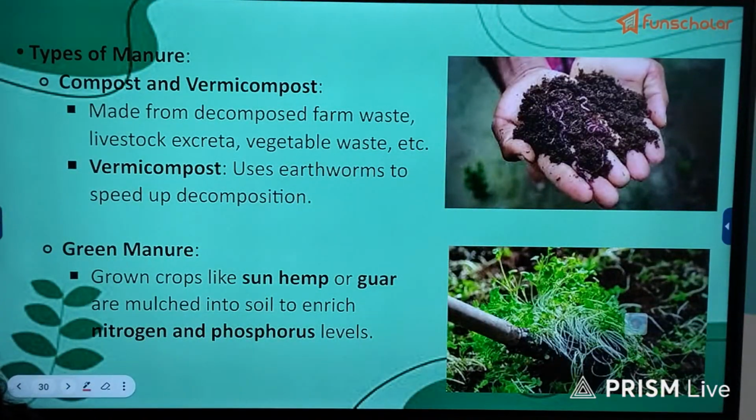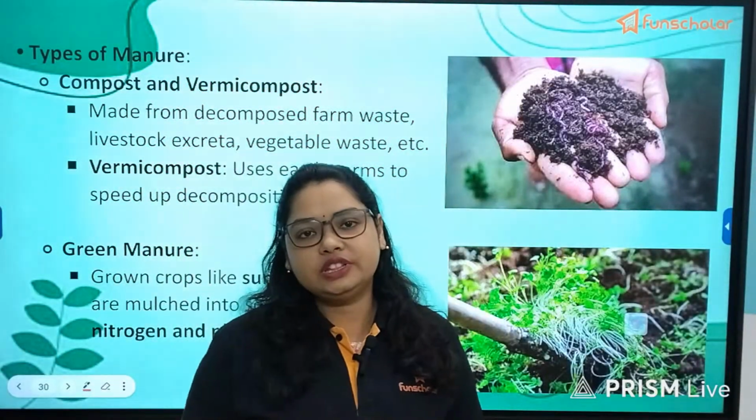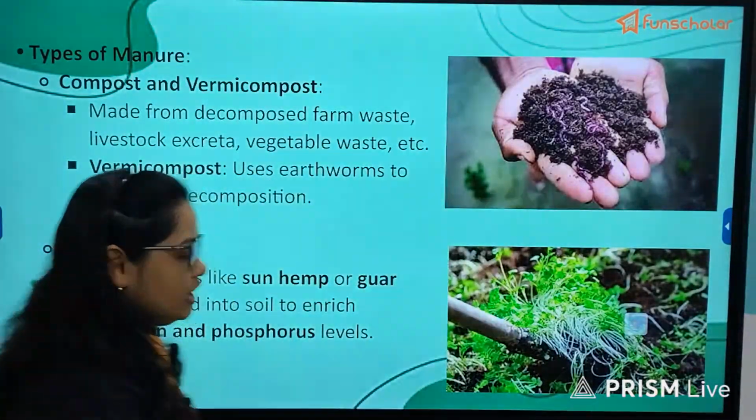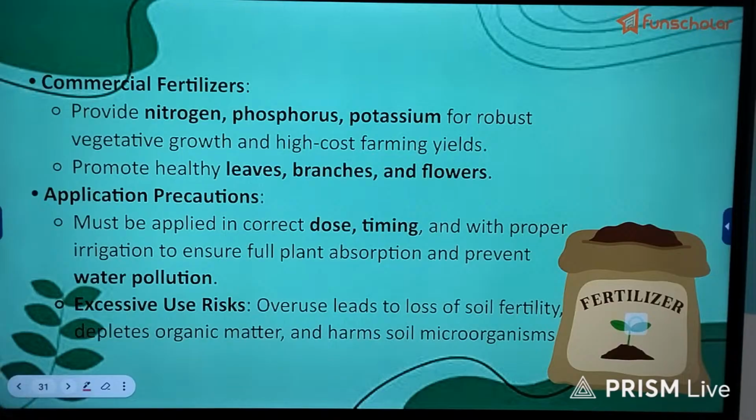And then green manure, which is grown on the fields before the actual crop is planted or the seeds are sown, and then during plowing they are mulched with the soil, and when they get decomposed, they slowly keep on supplying the nutrients required by the crops.